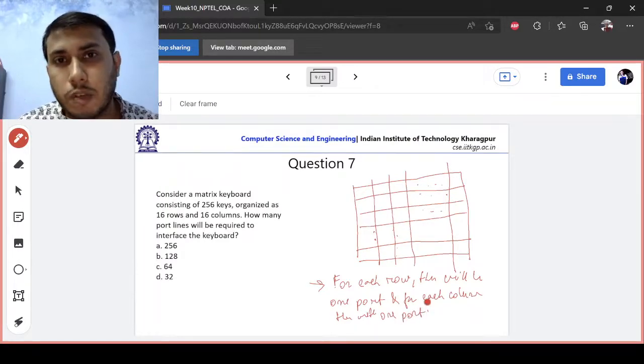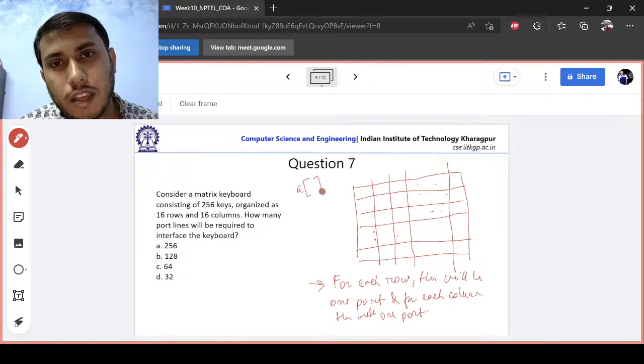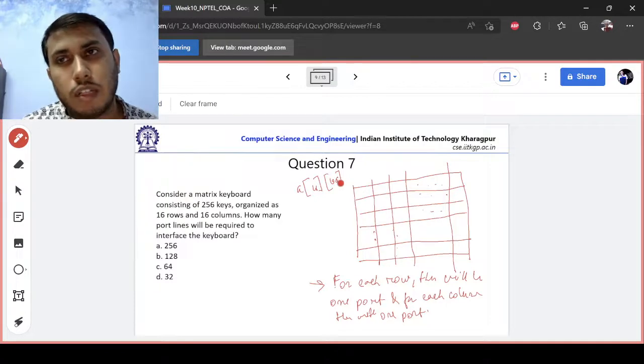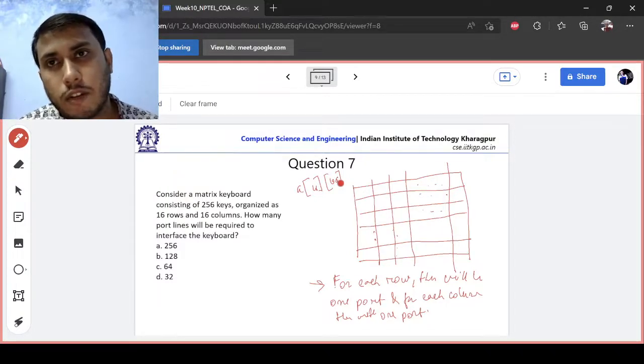So if you ask me why only 2 will be required, consider it like an array. Suppose we have a 16 cross 16 array. To reference it, how many variables do you require?